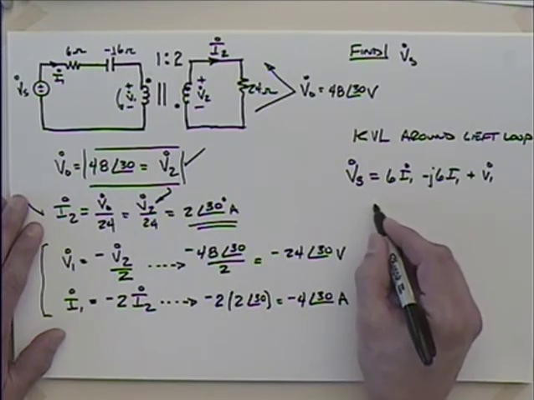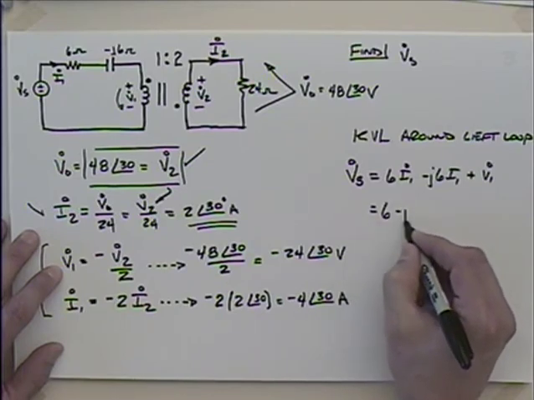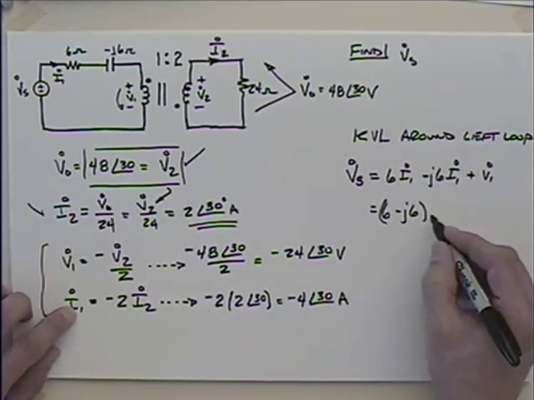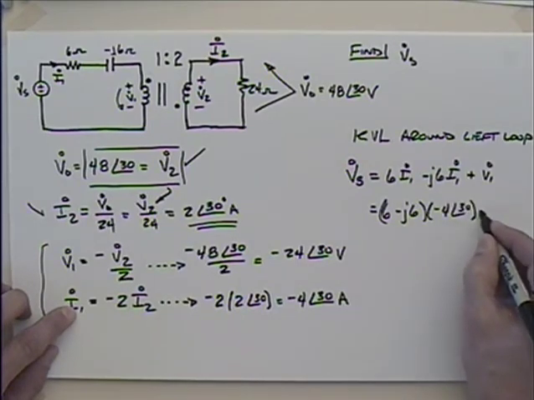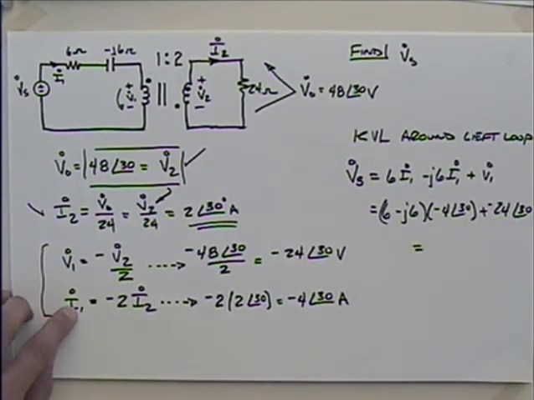So when I do that, I've got 6 minus J6 times I1, which is minus 4 at 30, plus V1, which is a minus 24 at 30. Let me double check that.